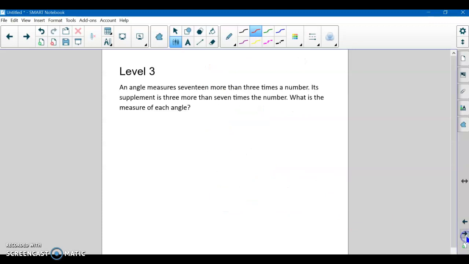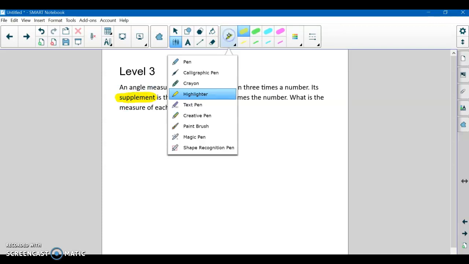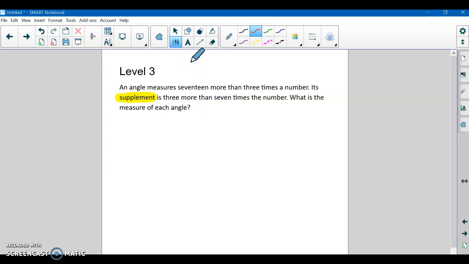Alright, moving on. Level 3. So, this one wasn't hard either, but a lot of you forgot what supplement means. So, I've got angle 1 and angle 2. An angle measures 17 more than 3 times a number.